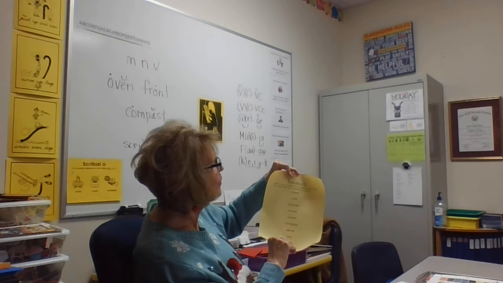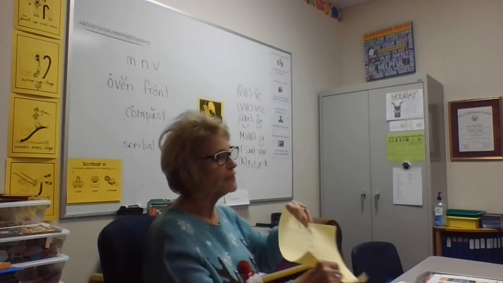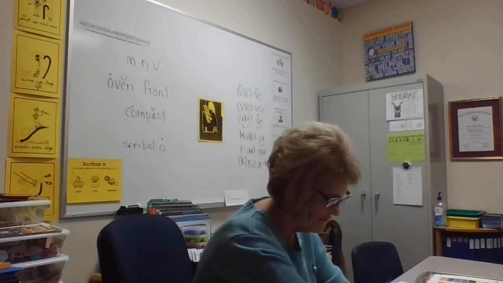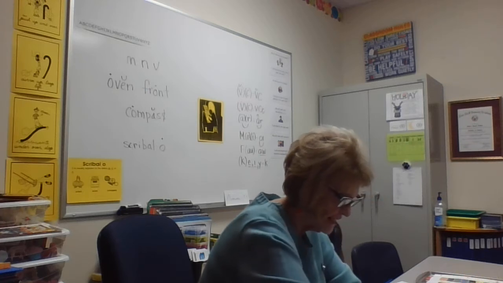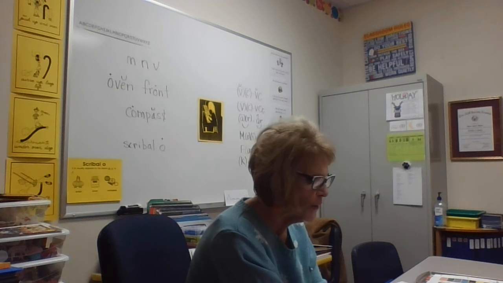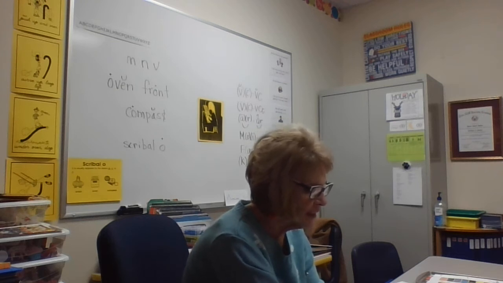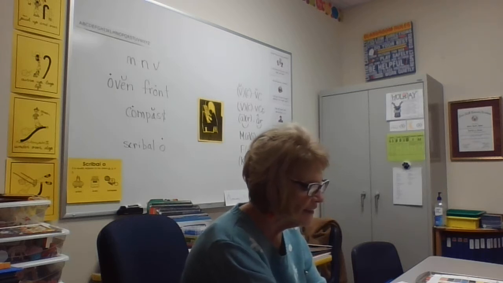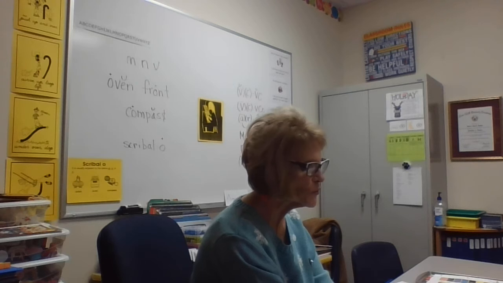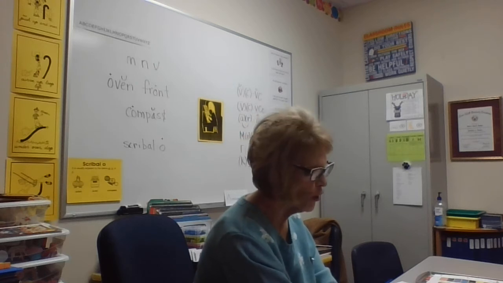You're going to code the O with a tittle, and I want you to underline the M, N, or V. Let's put this on here just to hold it down. You can use that. Okay? So your O gets a what? A tittle, and then you're going to underline the M, N, or V. Yeah, we're not going to worry about the rest of the word. This is just for the Scribal O practice, okay?